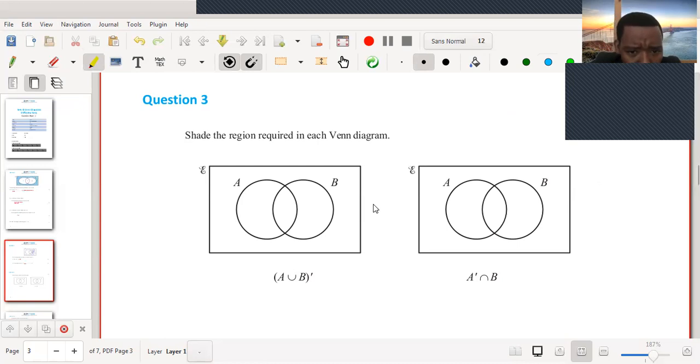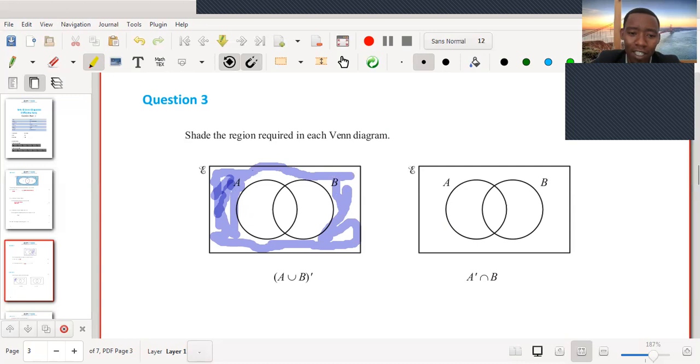So I'm shading A union B complement. That means outside of A union B. I got it. So I shade this part here. So this is the part we're shading. We shade this part outside, this part, this part, this part, anything outside of A union B. Don't go inside there.